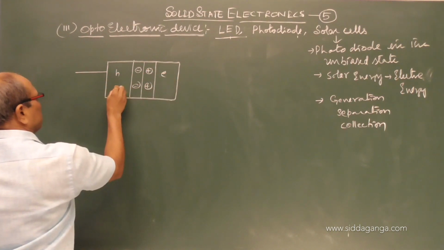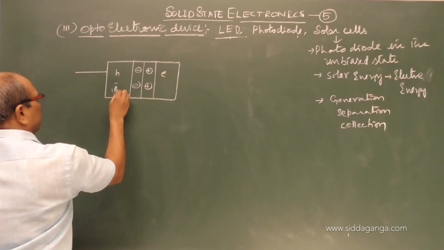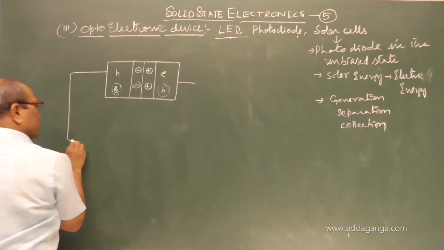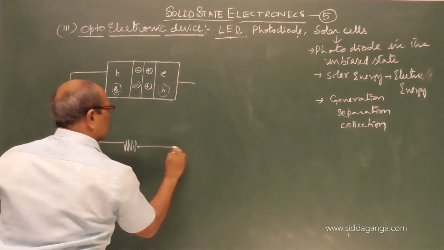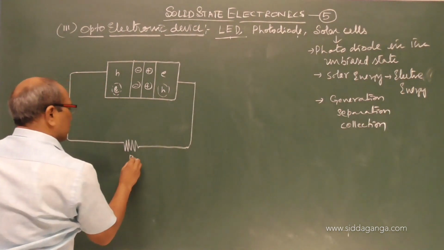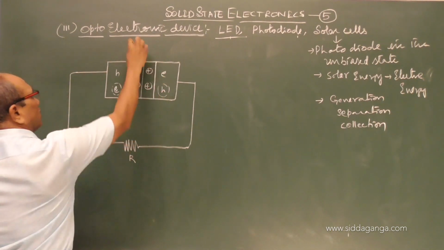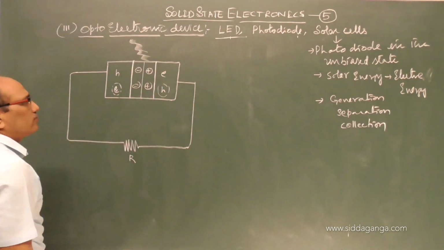Holes and electrons are the minority carriers. We are not biasing it, just a resistor taken at the output, and this is the region on which the radiation has to fall.